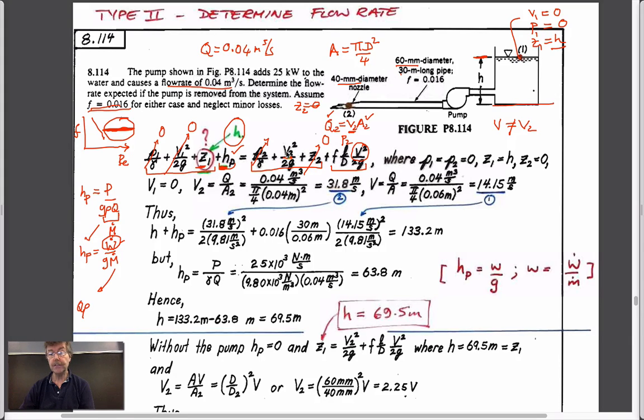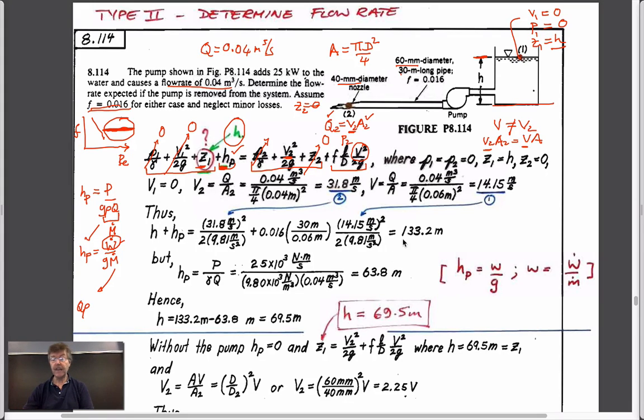We know the velocity at point 2. We know the velocity in the pipe by the ratio of the areas, because V2A2 is equal to VA, so we can link these two velocities by substituting. The only thing we don't know is the height.